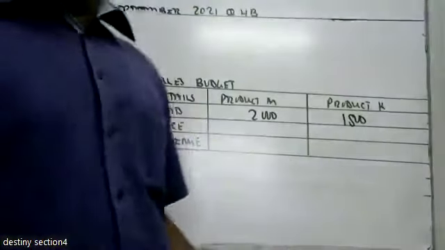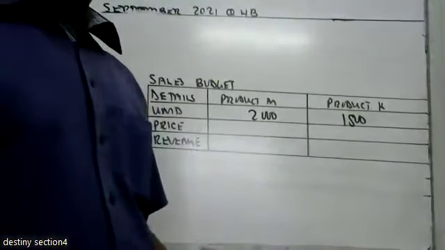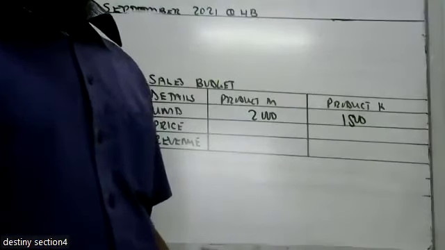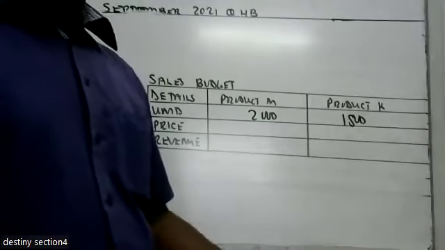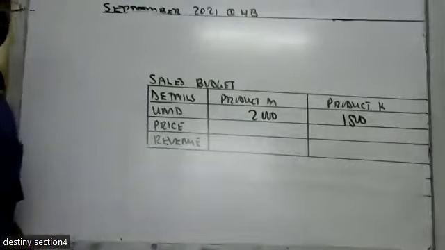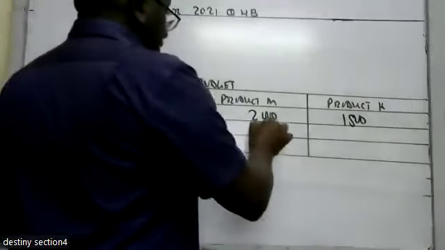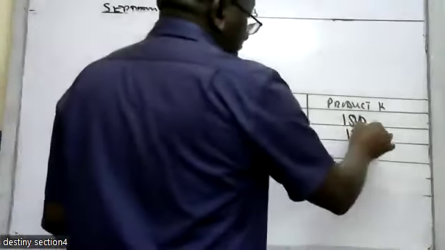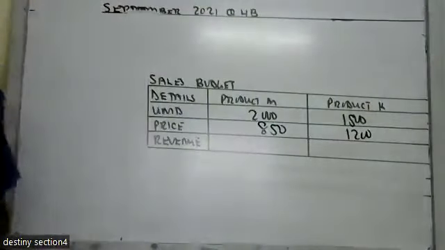Haya, for M andika 850. Okay, andika 1,200. So hapa utaandika 850, hapa 1200. So just multiply. Very simple like that.